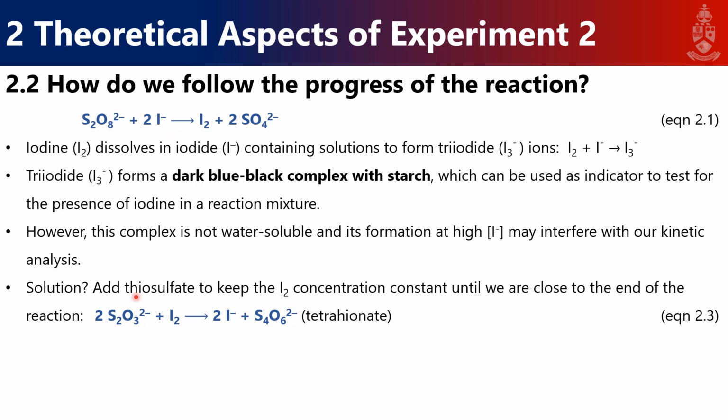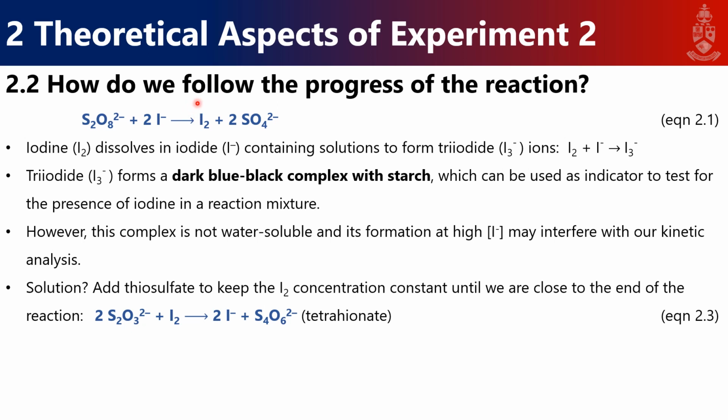If you compare these two reactions, what I'm basically doing is consuming the iodine that I form, keeping the iodine concentration low. If that is low, it means I won't form the triiodide and it won't form the complex with starch. The moment all my thiosulfate has been used up, I will allow the formation of iodine again.